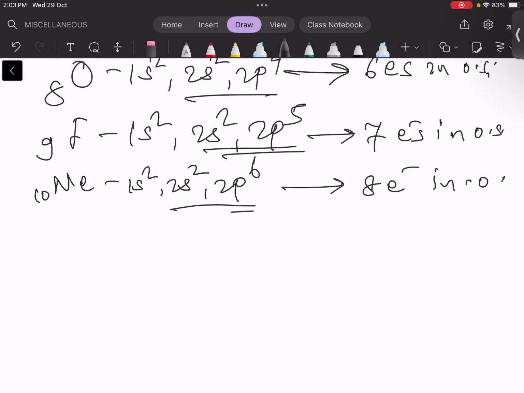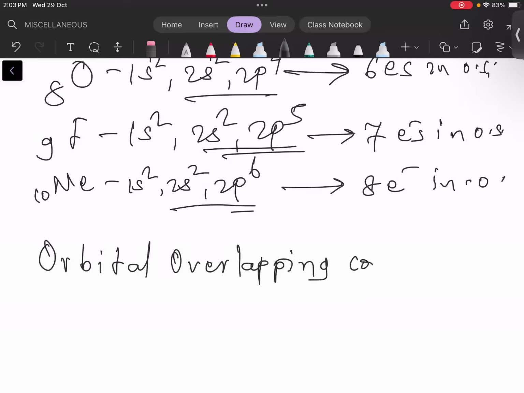So next one is orbital overlapping concept. Depending upon amount of overlapping and type of overlapping, whether the overlapping is maximum or minimum.